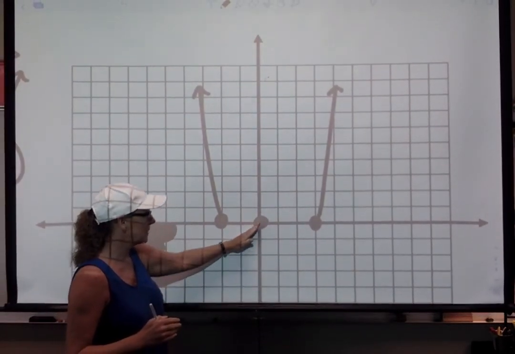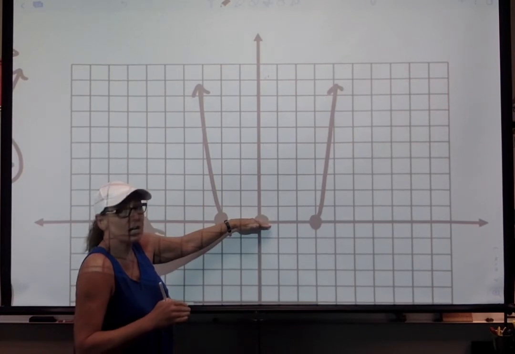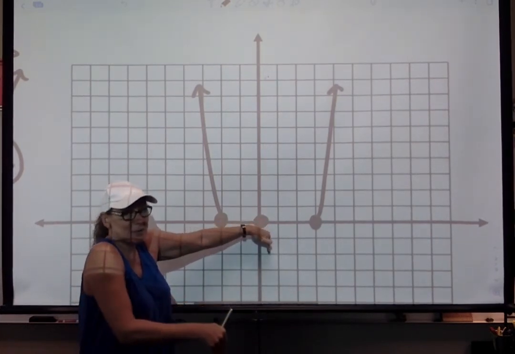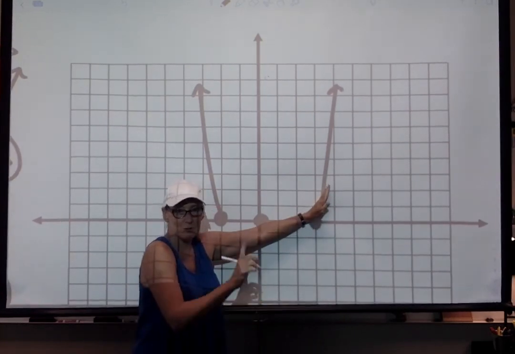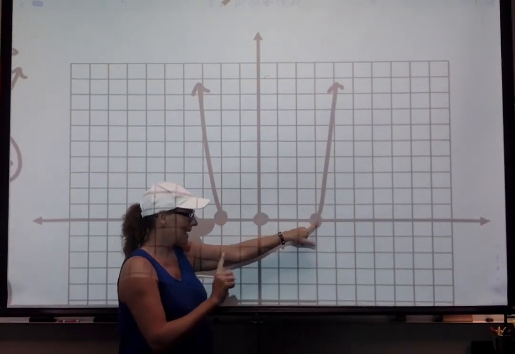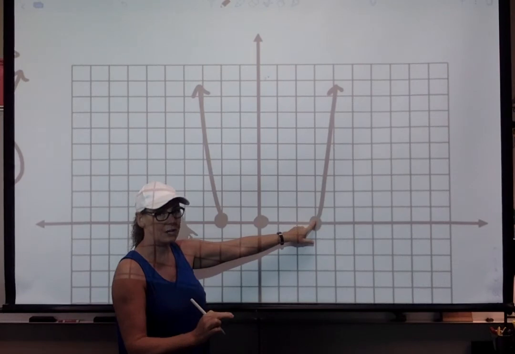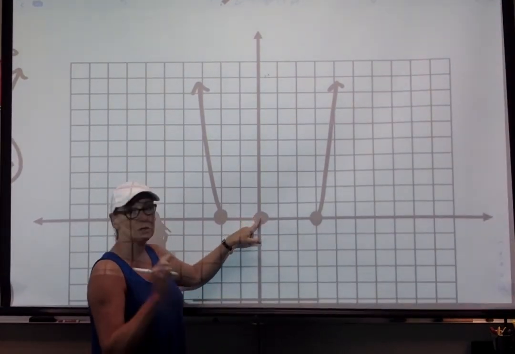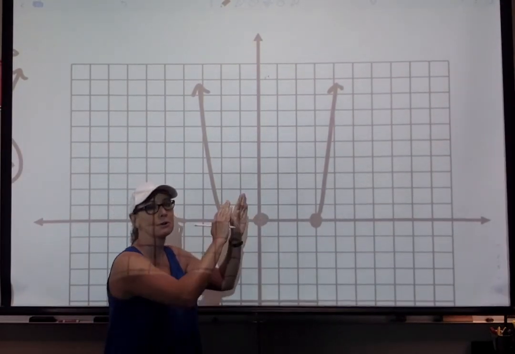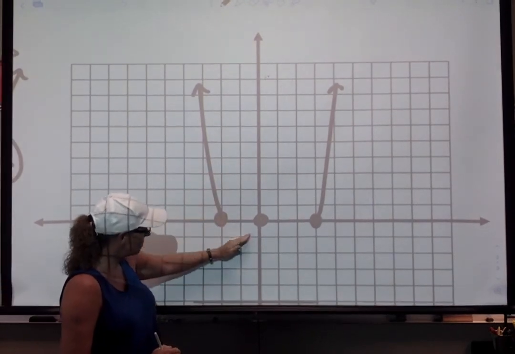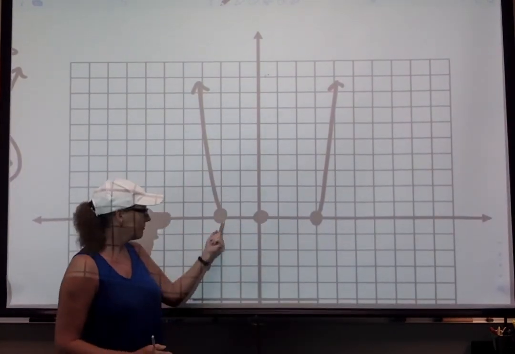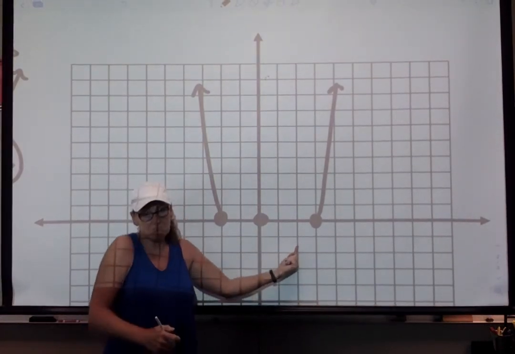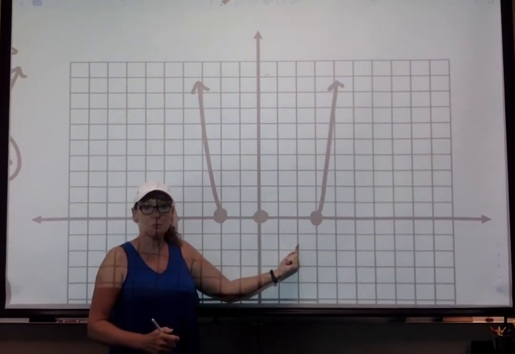Turn, come back up, and touch. And head back down, and come back up and pass through. Remember, passes through, passes through. Multiplicity is 1. Only touches. Don't let it go through. So it's got to pass through, touch, head back down, pass through. How far down do these go? Pick a number in between and find out.